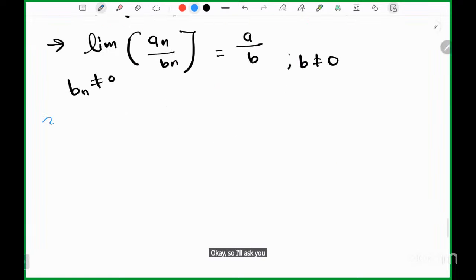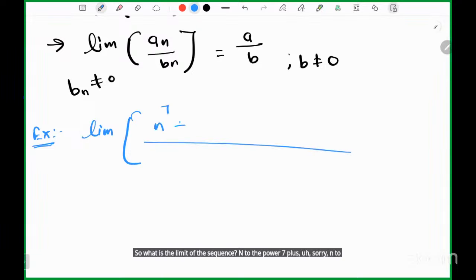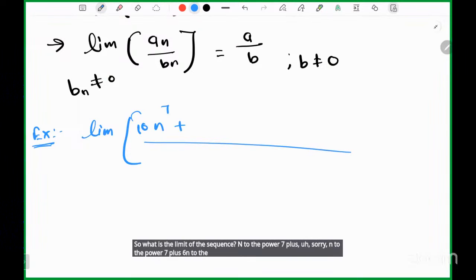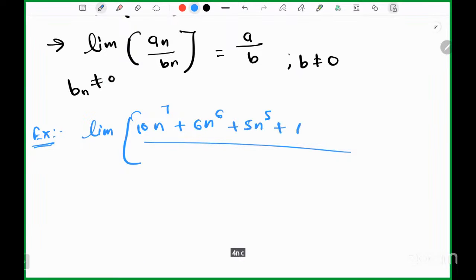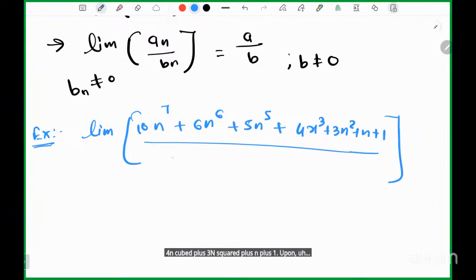I'll ask you to compute the limit of this sequence: n to the power 7 plus 10n to the power 7 plus 6n to the power 6 plus 5n to the power 5 plus 4n cube plus 3n square plus n plus 1, upon 8n to the power 7 plus 9n to the power 6 plus 3n cube plus n plus 1.